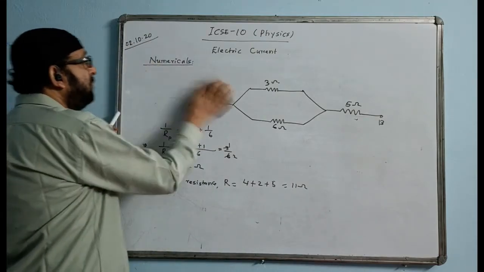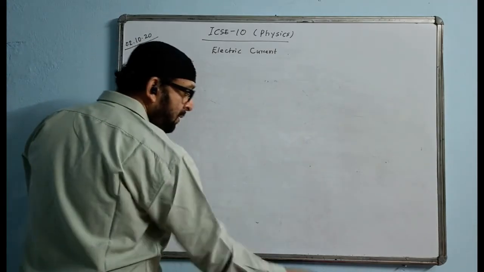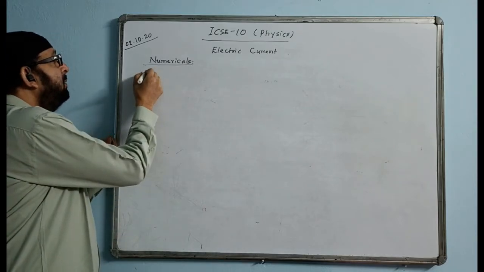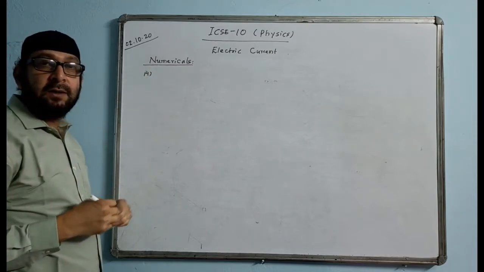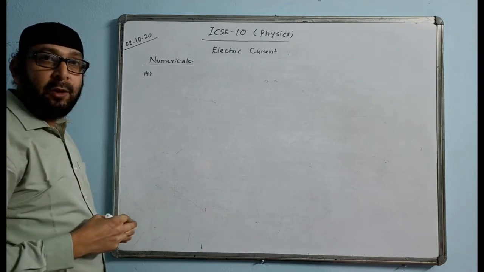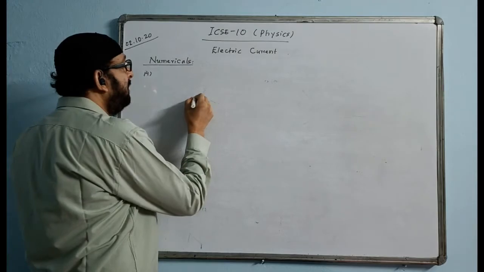Now, next question. Question number 4 says: find the equivalent resistance of the following circuit between the points A and B, and they have given a circuit like this here.